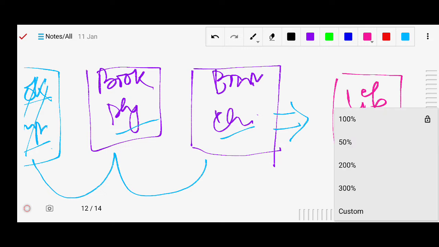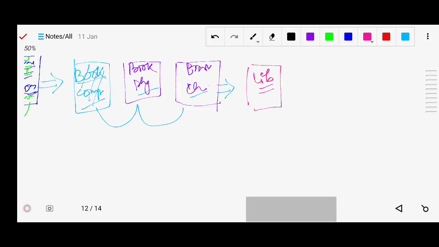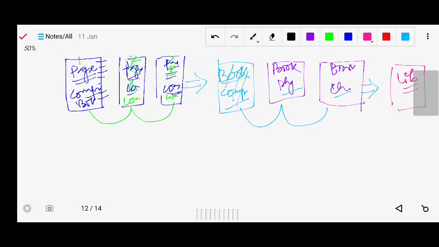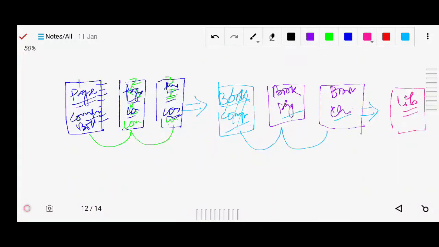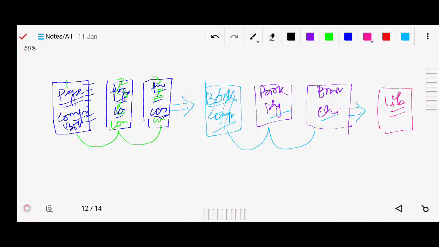Okay, so now how will I relate this with web pages? Why am I giving this example? I will relate all of this with your web pages, www, the website and HTML. Just see how.